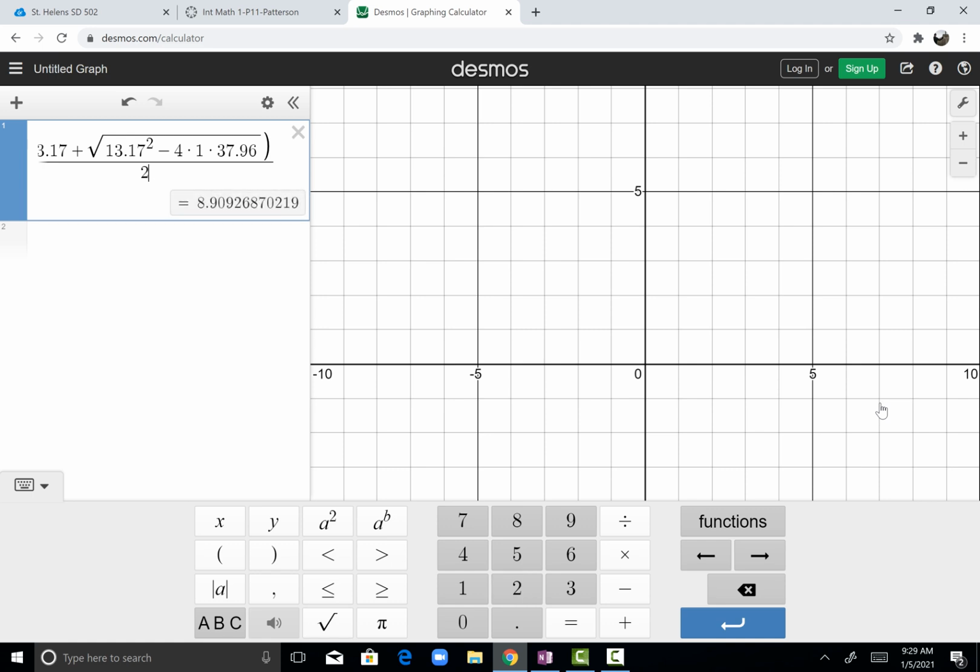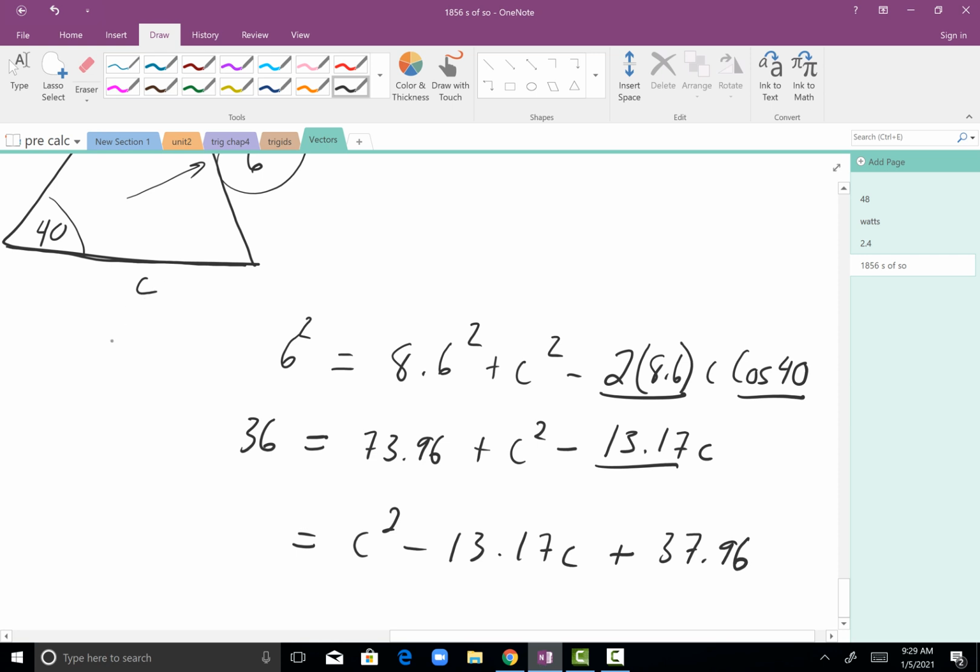Two. 8.9. So you can see I had 8.92 on my screen right now. I got an answer of 8.9. It's just from rounding, so that's pretty good. So that's where this number of 8.9 comes from.